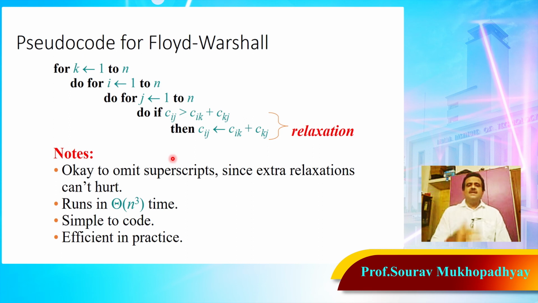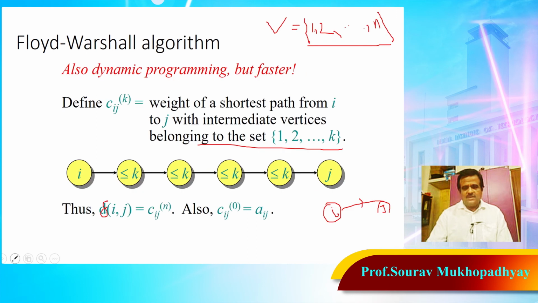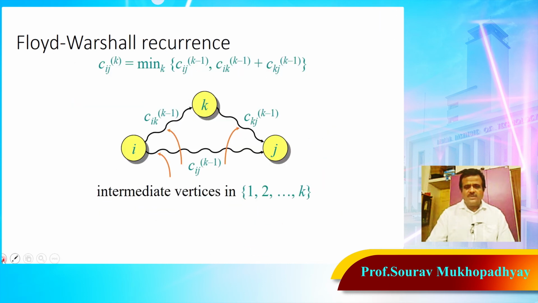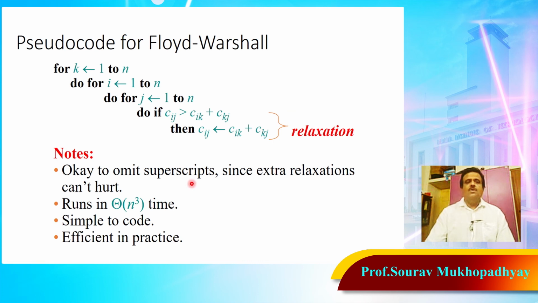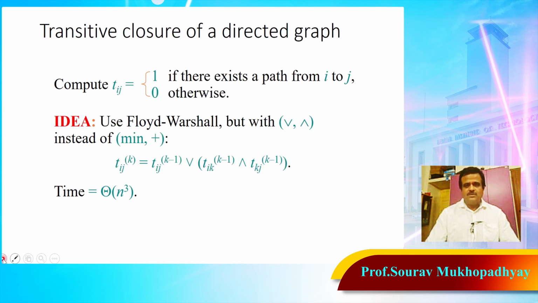So this is a dynamic programming technique, and this is basically bottom up. We start with the initial value C_i0, and then slowly we will go up to C_in, and that will give us the answer. Okay. Now, we will see an application of this dynamic programming, this Floyd-Warshall, on what is called the transitive closure of a directed graph.